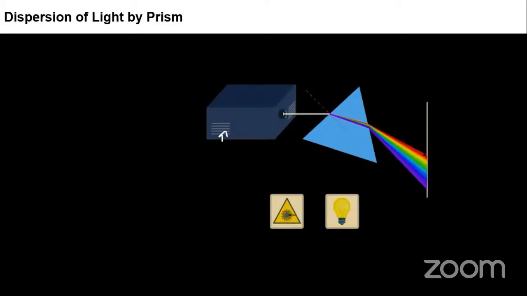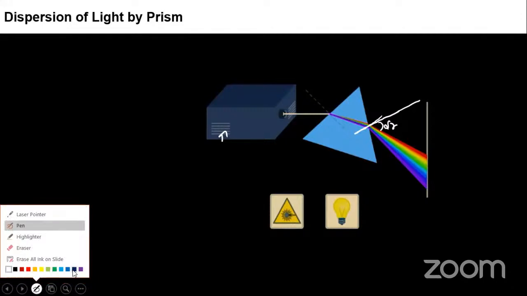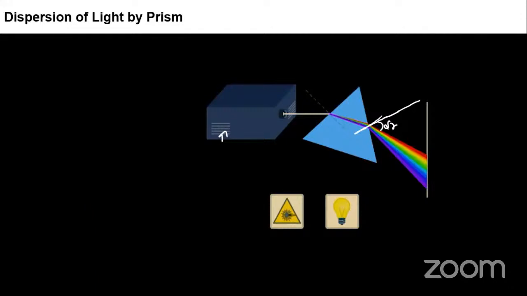From this dispersion pattern, you can conclude this. If I draw the normal here, it will be somewhat like this. You can see red is making a small angle with the normal, and violet is making a big angle with the normal.